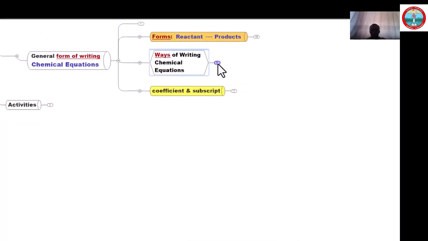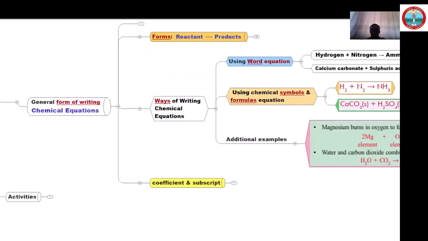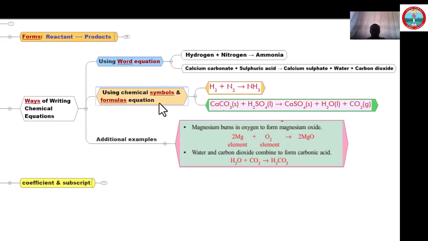Then the next one is the ways of writing chemical equations. To write a chemical equation, some may write in the form of words, and some may write using symbols or chemical formulas. As an example, using a word equation: hydrogen plus nitrogen gives ammonia, or calcium carbonate plus sulfuric acid gives calcium sulfate plus water plus carbon dioxide.